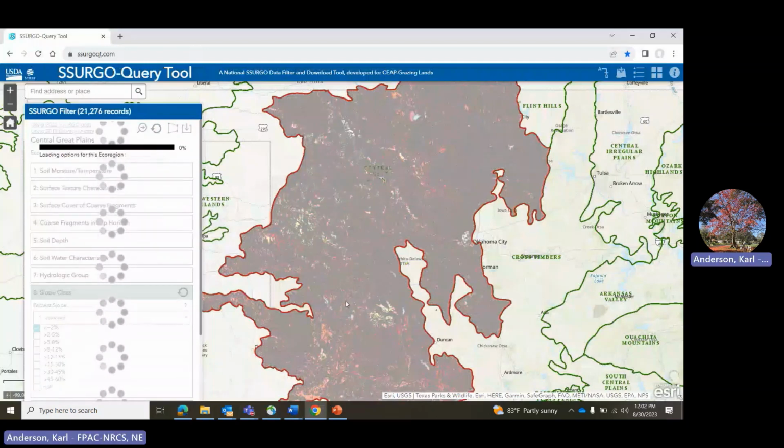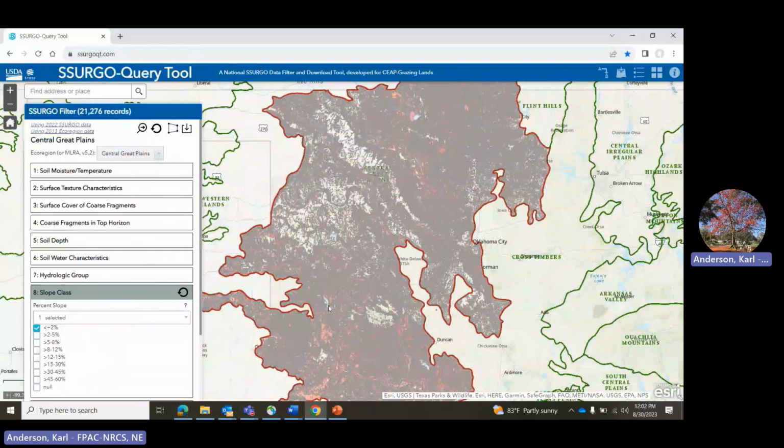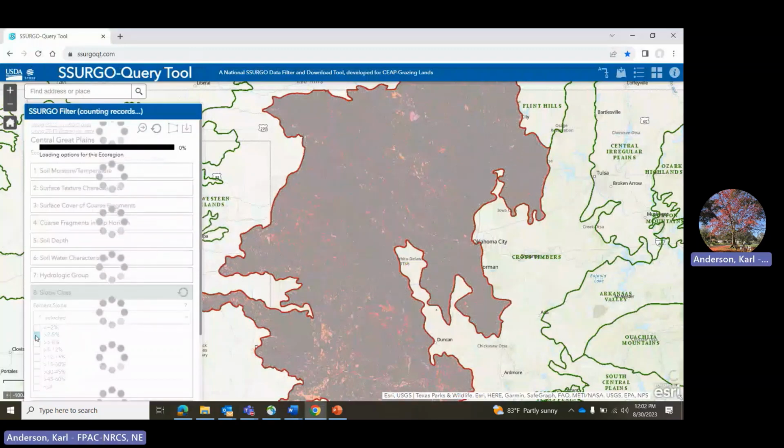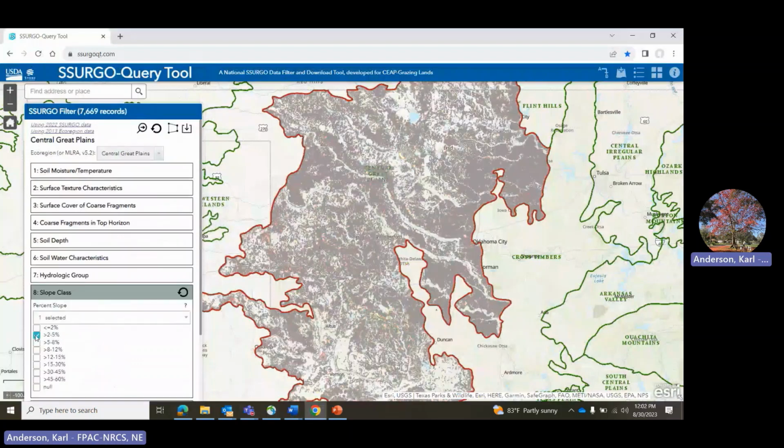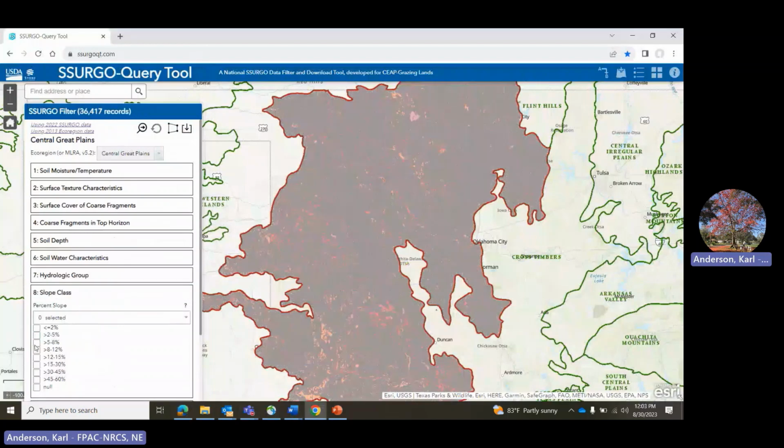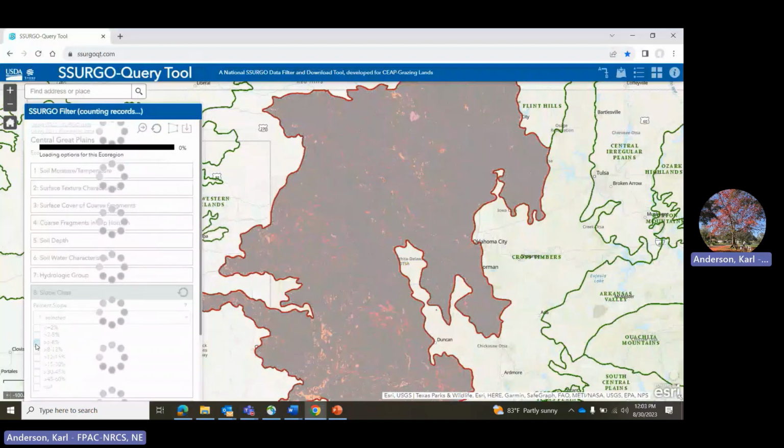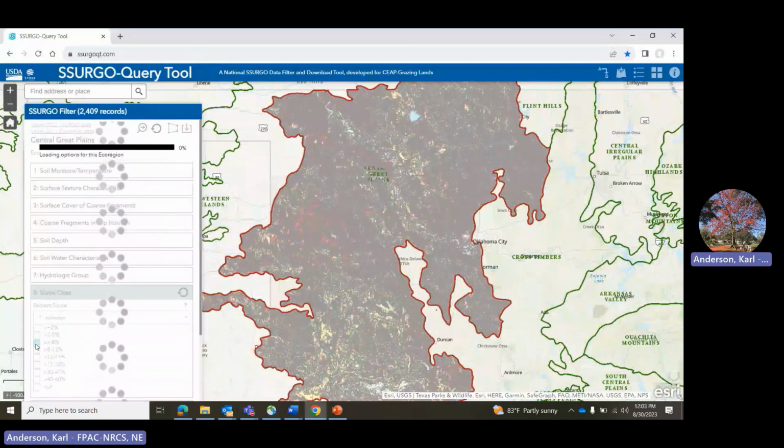As you look into some of these areas, we do have quite a bit of level land through here. However, once you get into these steeper areas, it'll give you an idea of what you may want to focus on. Let's go to 5 to 8 and see what that pulls up.